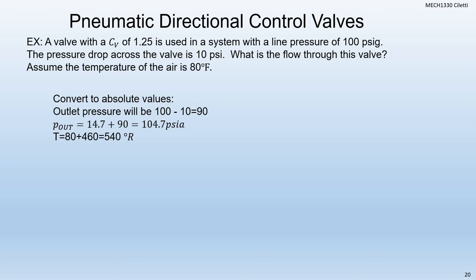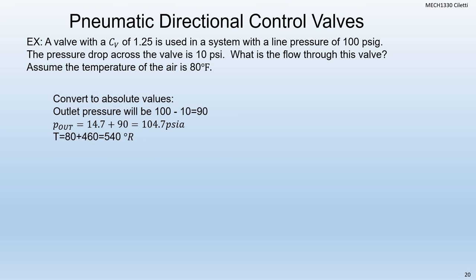Okay, so we have to convert all of our values to absolute. The outlet pressure is going to be 100 minus 10 because we have a pressure drop of 10 psi. The line is reading 100 psi gauge, but we have a pressure drop of 10, so we do 100 minus 10 first to get 90, and then add 90 to 14.7 to get our absolute pressure of 104.7 psi.